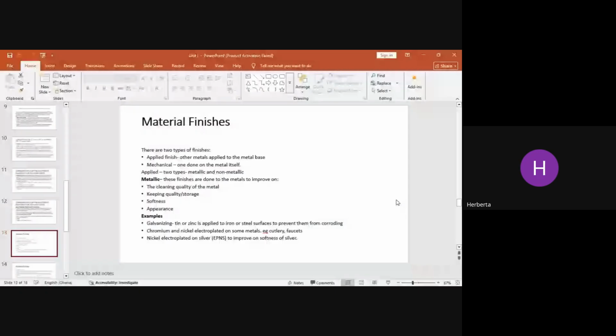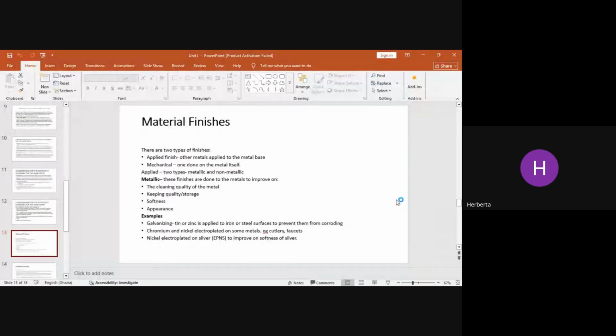And why do you do that? To improve the cleaning quality of the metal, to make it easy to store or to make it last long, to improve the keeping quality or storage, to improve the appearance and to make it soft.